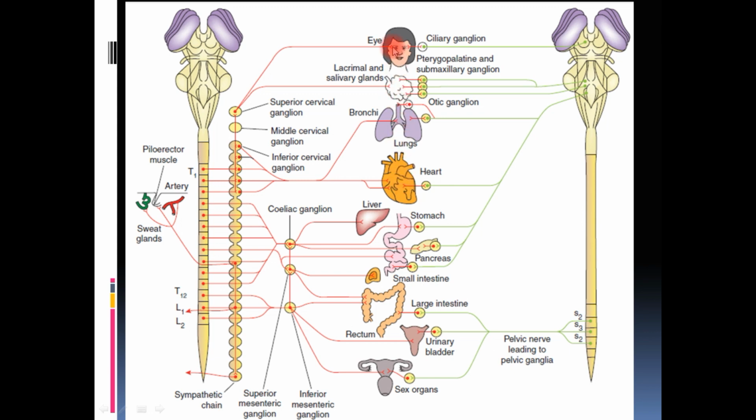As you can see, the smooth muscles in the eye, smooth muscles in the respiratory passage, smooth muscles in the GI tract, and the secretory cells like the lacrimal glands, the salivary glands, the secretory glands of the intestine, and also the cardiac muscle. So the postganglionic neurons arise from either the paravertebral or prevertebral ganglion and supply the end organs.